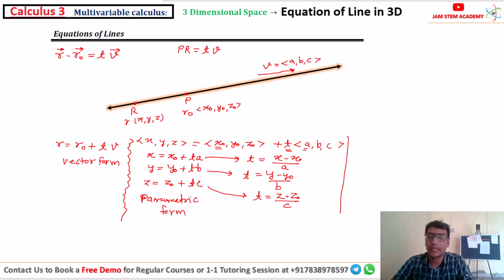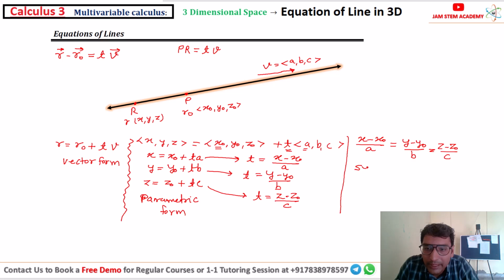All are t, so we can equate these, and hence we get x minus x naught over a equals y minus y naught over b equals z minus z naught over c. This is the equation of the line in the symmetric or Cartesian form.